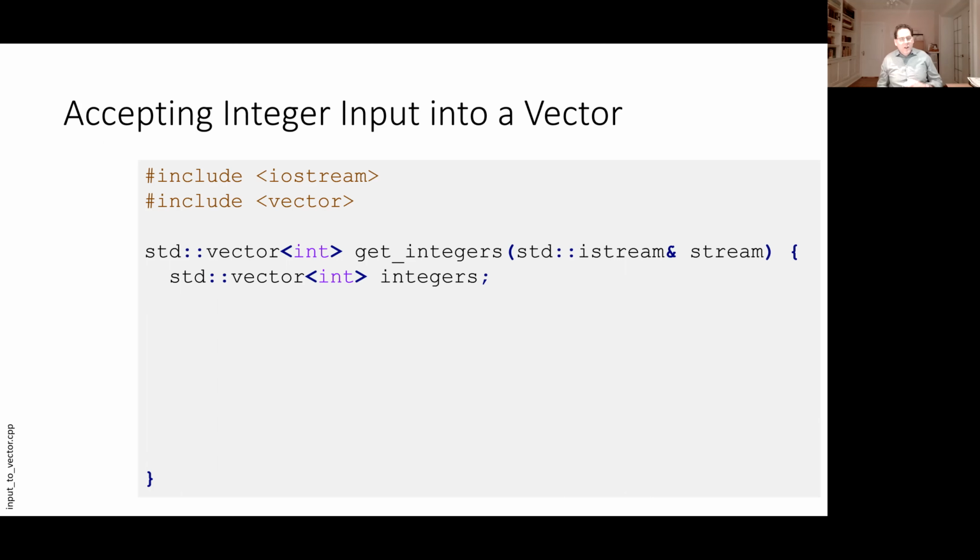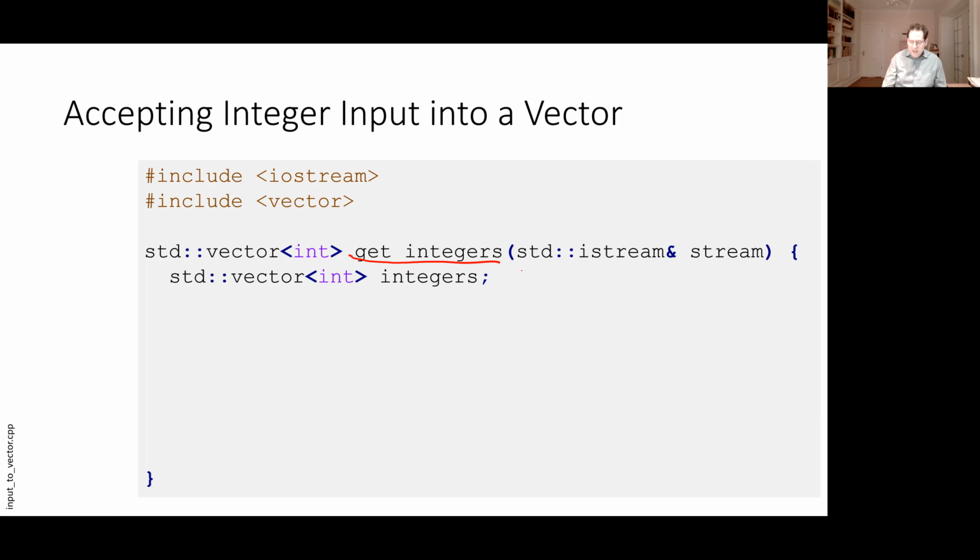All right. So hopefully that shows you the basics of what a vector is. It's like a better array. We're going to look at how we can use it. So my motivating example was I want to take some data from the keyboard or a file, and I don't know how much there is. It's integers. I want to get them all into an array. So we're going to use vector because it's like a better array. So here's my function that's going to do that. Called it get integers.